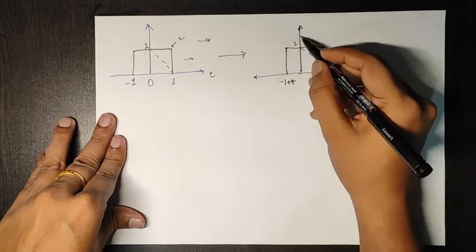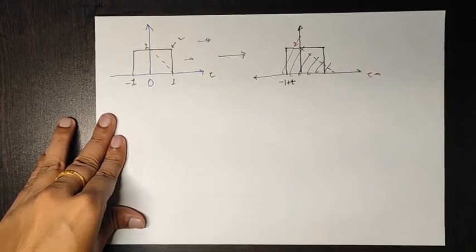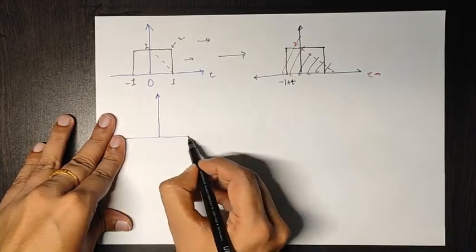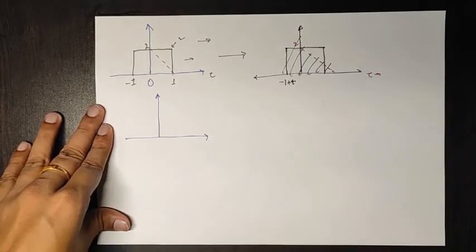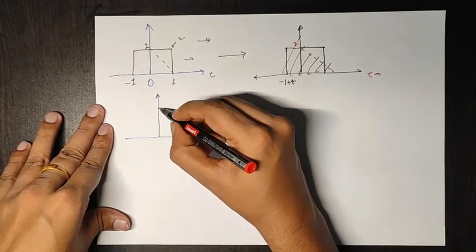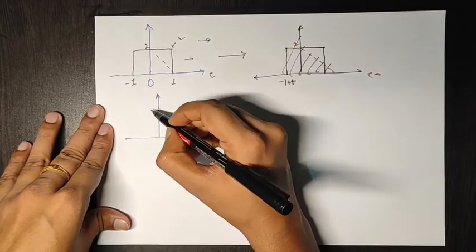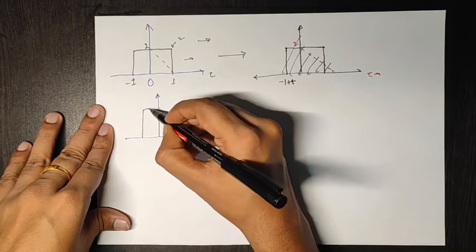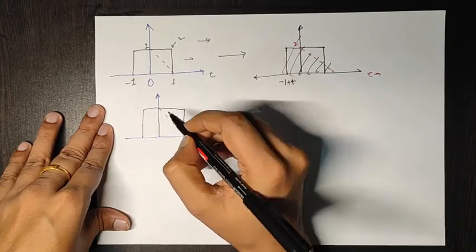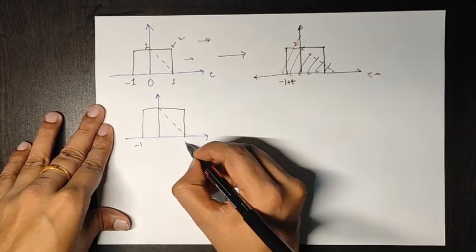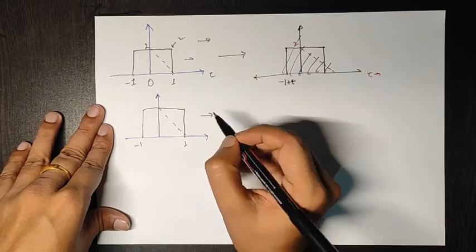Sorry, wait, let's draw it again here. This is x(tau), and this is minus 1 unit, this is 1. Now let's shift it a bit rightward.